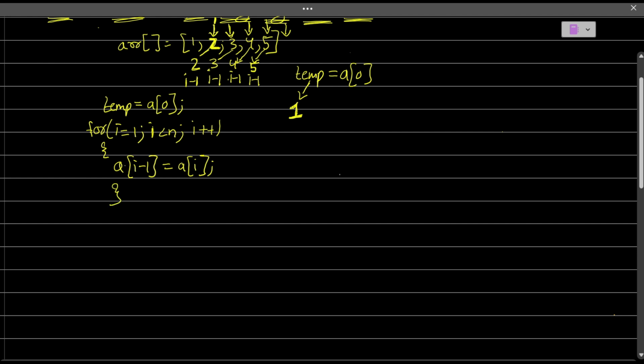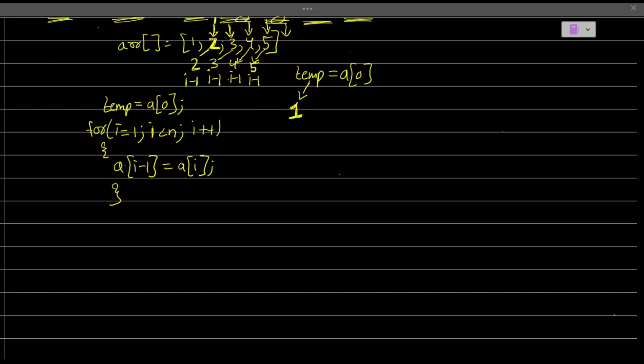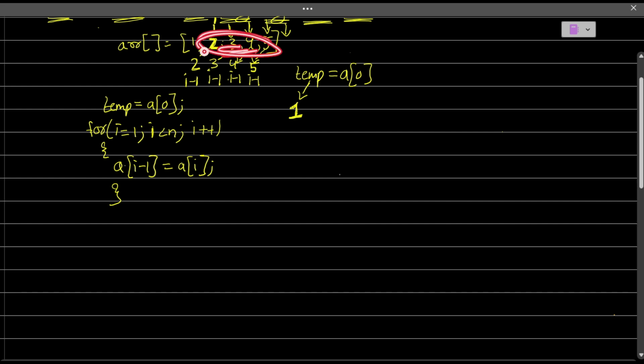After this iteration, these 4 elements, 2, 3, 4, 5, should come here.